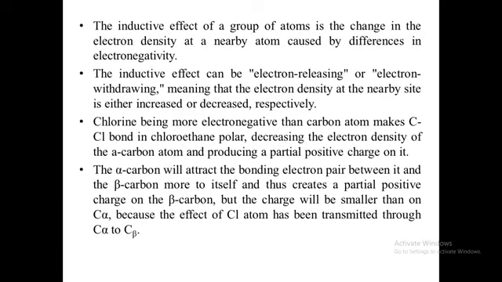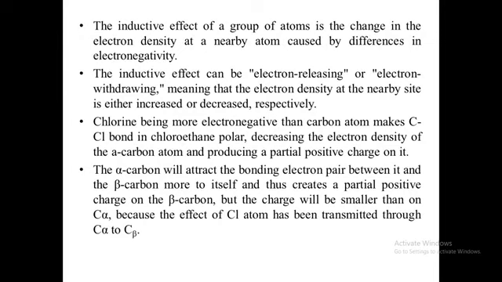This means sometimes the group attached to the neighbors can donate its electron density, and the other case also exists: sometimes the group can withdraw electron density from the neighbors. So how can we determine whether an atom or a group of atoms will donate electron density to the neighbors or withdraw electron density from them?